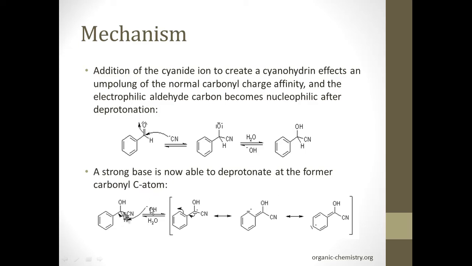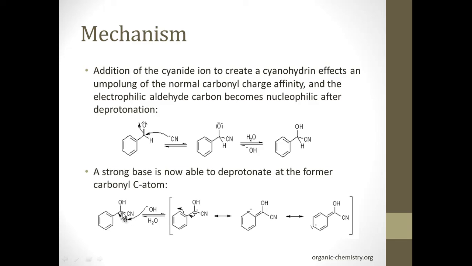Next, a strong base is now able to deprotonate at the former carbonyl carbon atom. So a strong base, OH, or simply OH, will take up this hydrogen. If OH takes up this hydrogen, H plus or proton, this will make this carbon negative. Earlier the carbon was positive, but here it is negative due to the presence of cyanide.